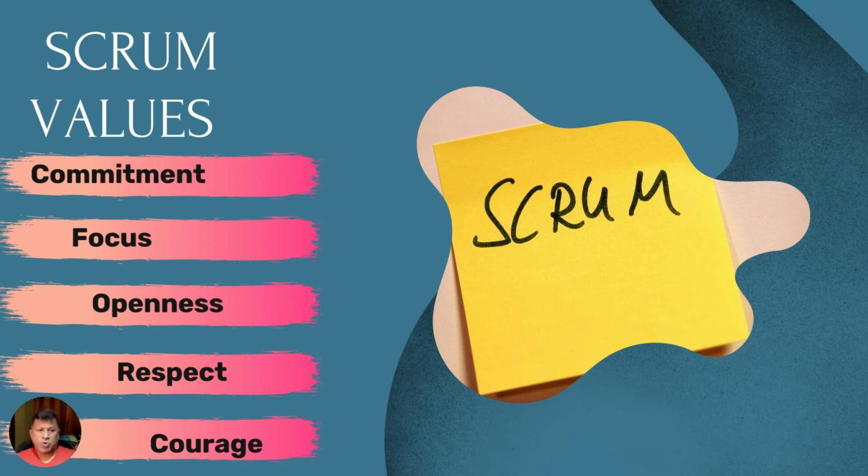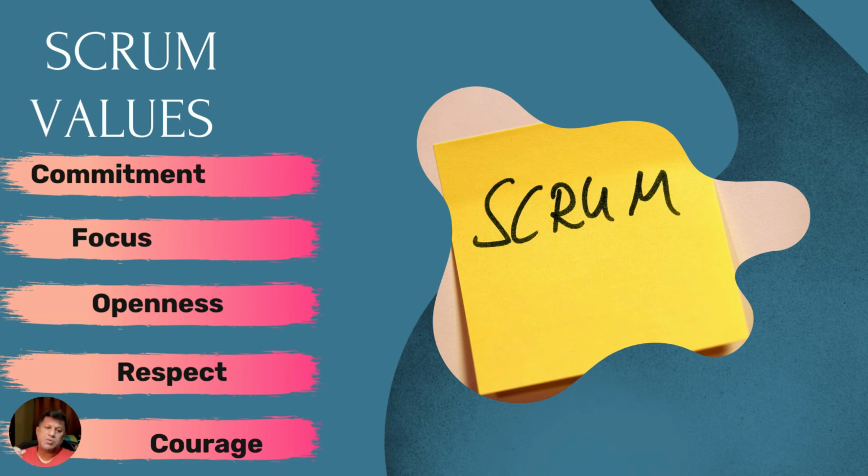Then number two, focus. For you to have commitment, you need a lot of focus, right? We are talking about consistently delivering value incrementally at the end of every sprint.